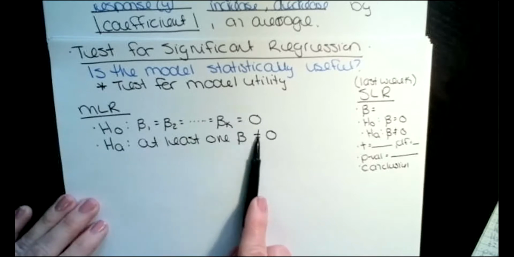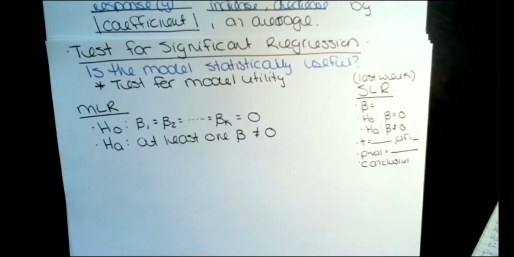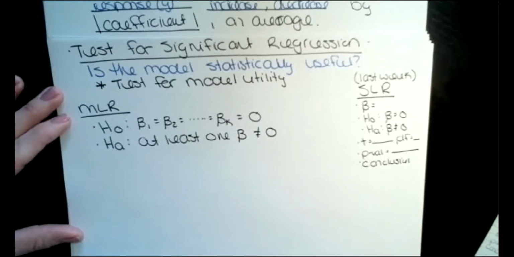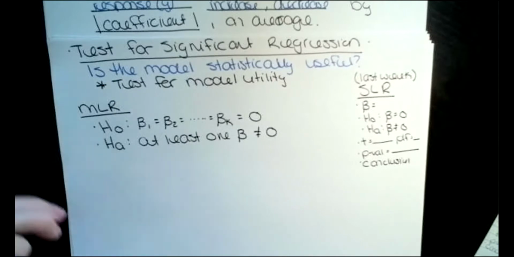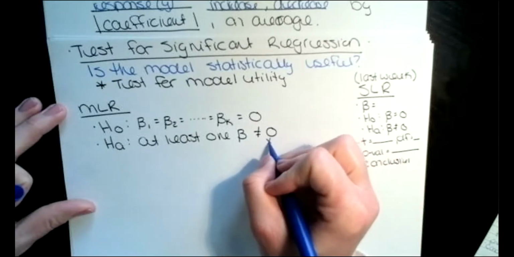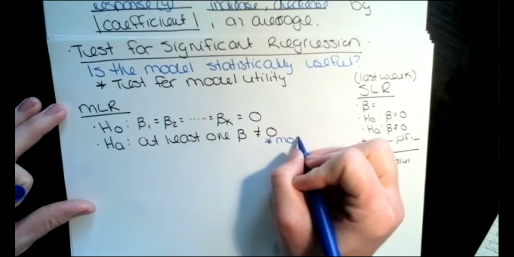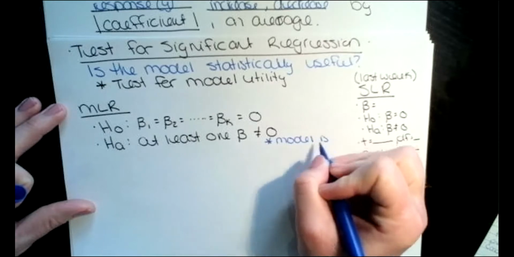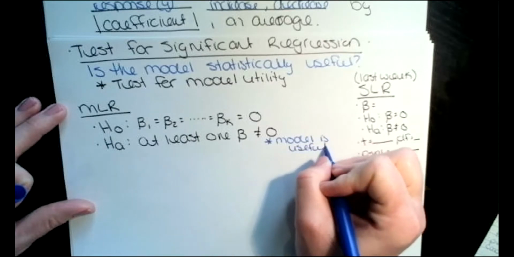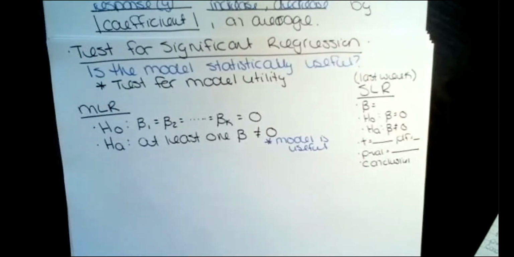You could use symbols. You could write this out, equal 0, not equal 0, whatever you want to do, right? So remember, if it's not equal to 0, this means the model is useful. So if my HA is true, then that means the model is useful.